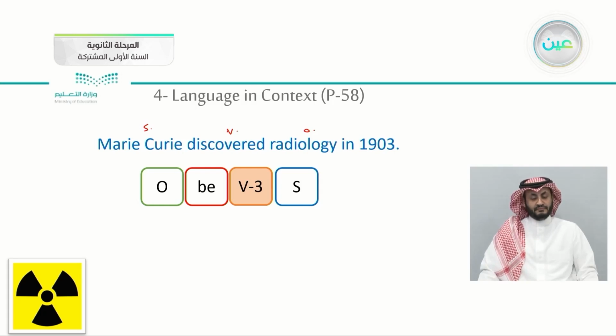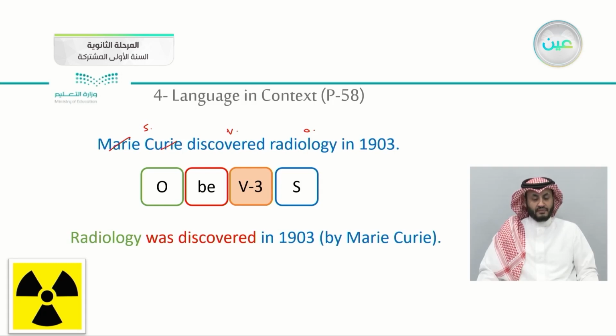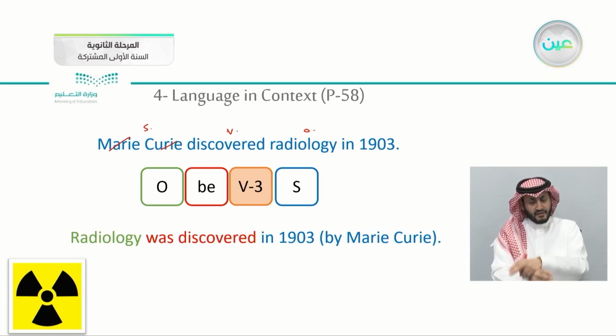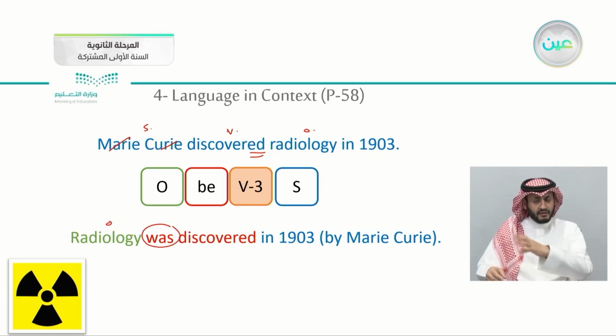I don't care who did this. All I want to know is the date and what happened on that date. So I will take out the subject. I will say that radiology was discovered in 1903, and you can take out the name. This is the object. We started with "was" because it is in the past, 1903.